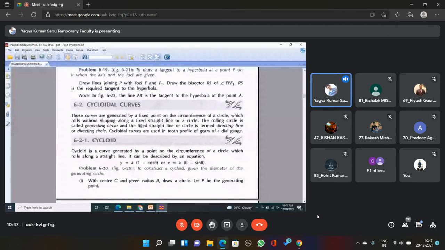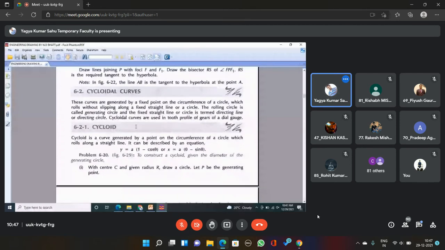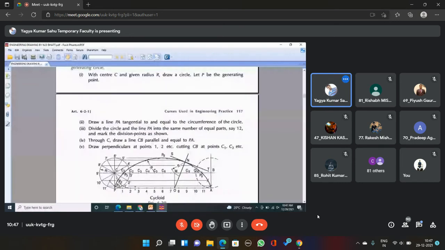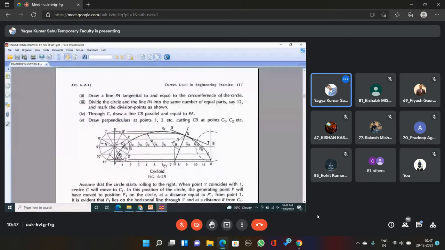Now, how to draw the cycloidal curves? You can see a normal cycloid of a circle. First of all, draw the cycloid of a circle of 50 diameter which rolls over a straight line.